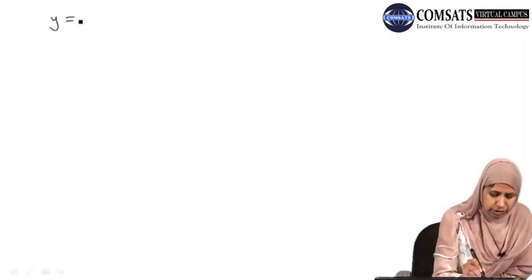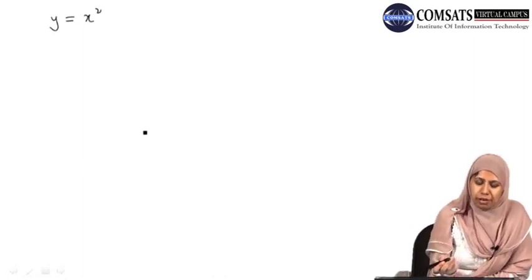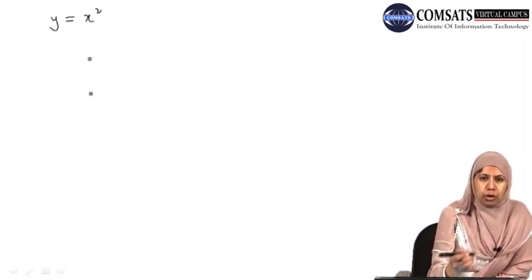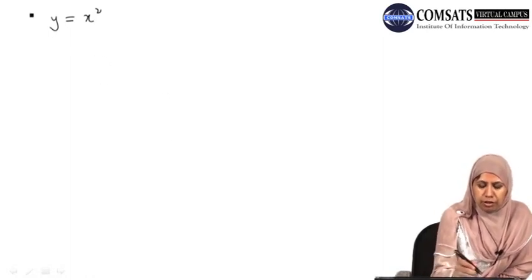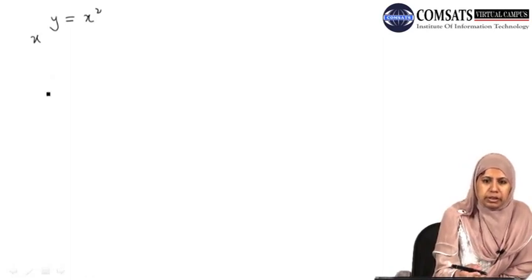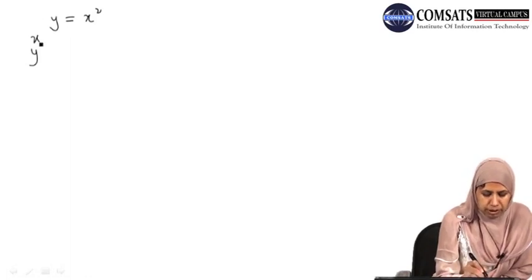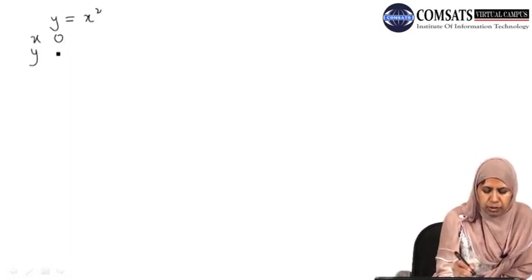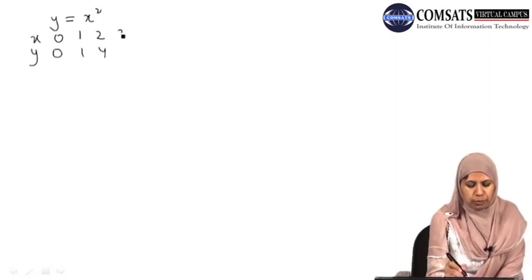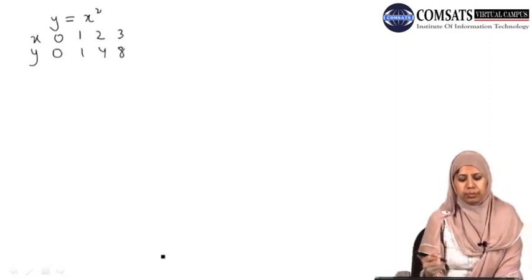Our given function is y equals x square, and what we have done there is plot the graph by taking particular values of our independent variable and the corresponding values of the dependent variable y. That is, when x is equal to 0, y is 0, when x is 1, y is 1, when x is 2, y is 4, when x is 3, y is 9, and so on.